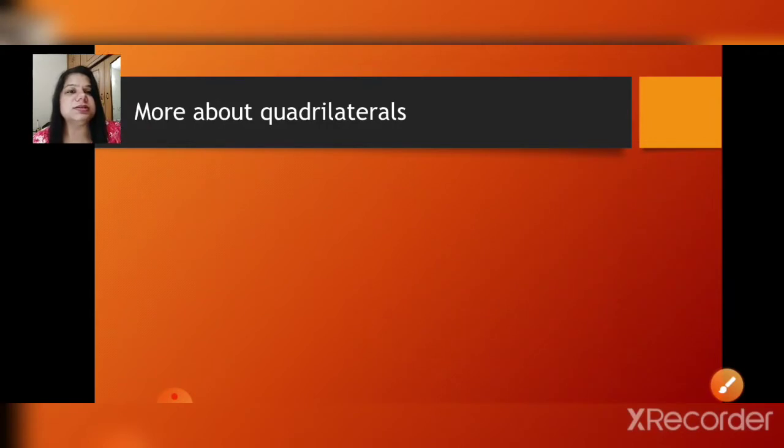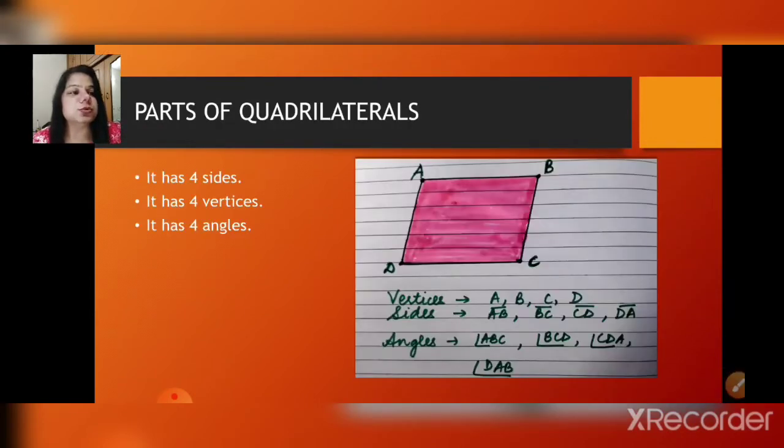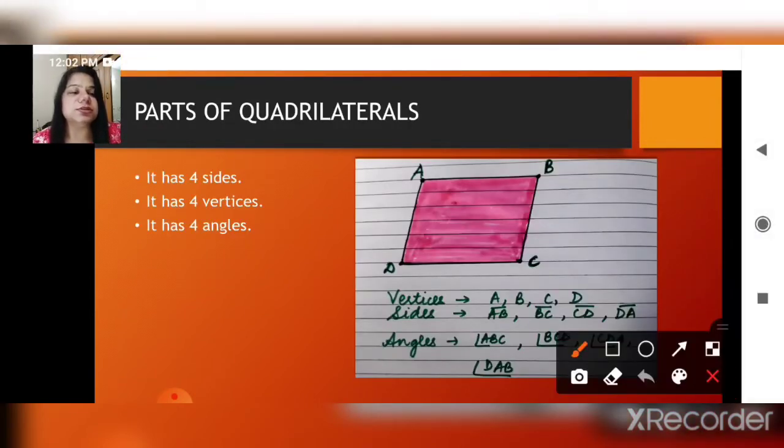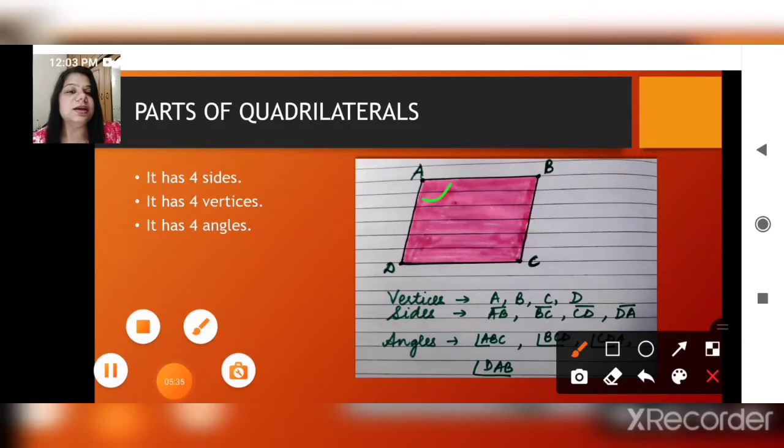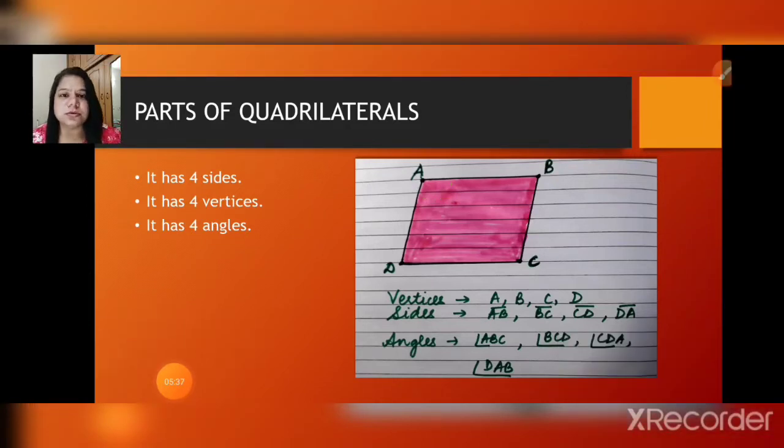Now next we have to discuss what are the different angles of this polygon. Okay, so we can write it like this also, angle A, or you can write it angle BAD or angle DAB, right? Next is angle B and angle C and angle D. So now the next way to write down the names of the angles is you can write down the name of the angle with 3 vertices also.